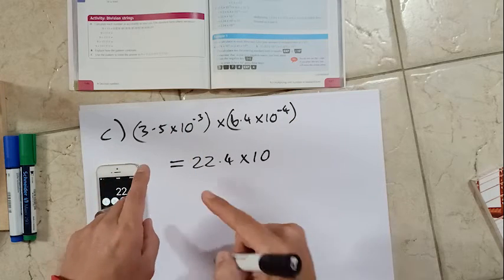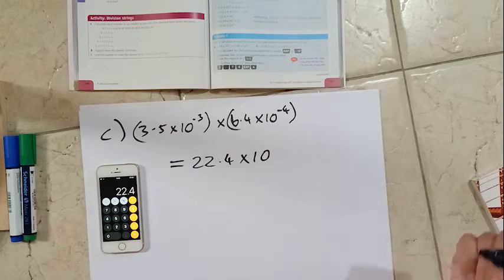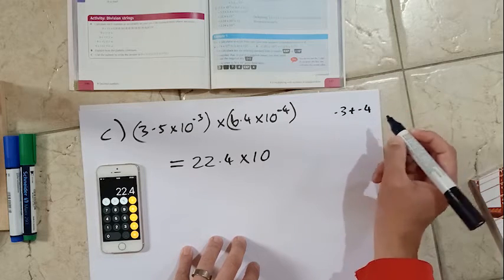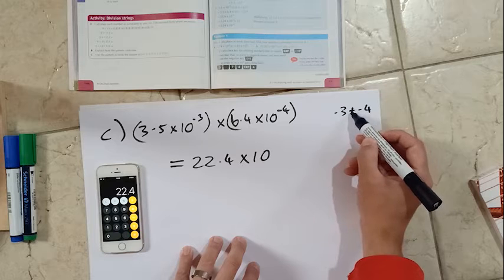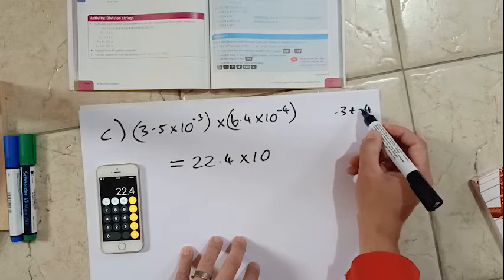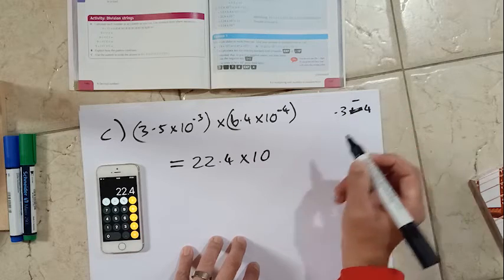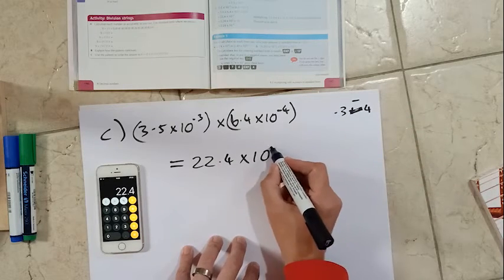Be careful, minus 3 plus minus 4. Well, when you have these two symbols different, they become minus. So it's minus 3 minus 4, which would be minus 7.